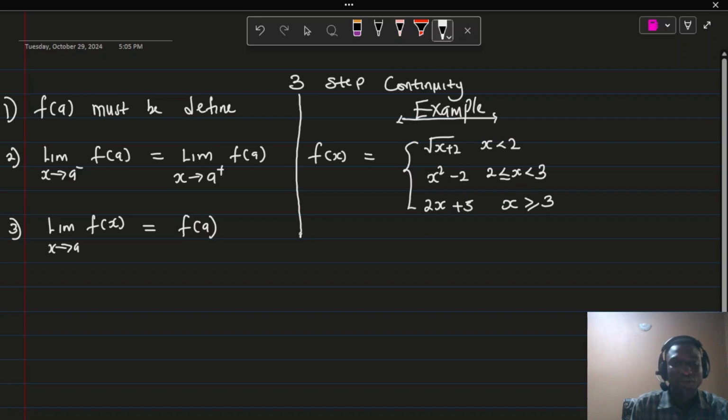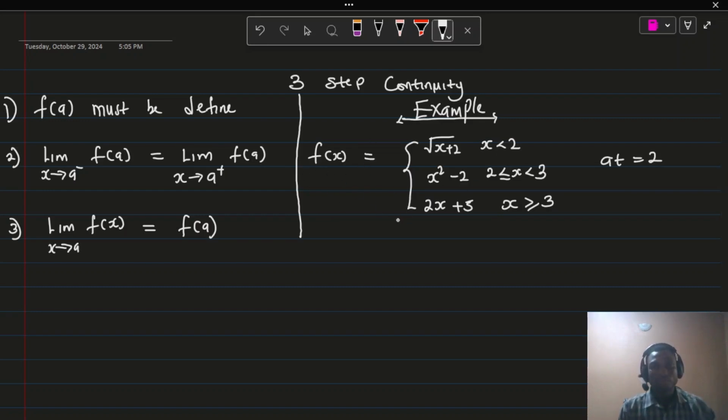So we want to find the continuity of this function at x equal to 3. We want to know if this piecewise function here is actually continuous at x equals 2.